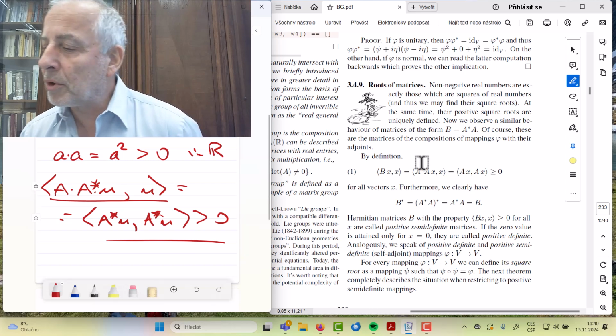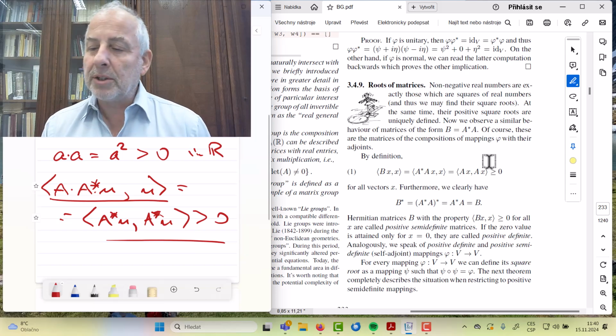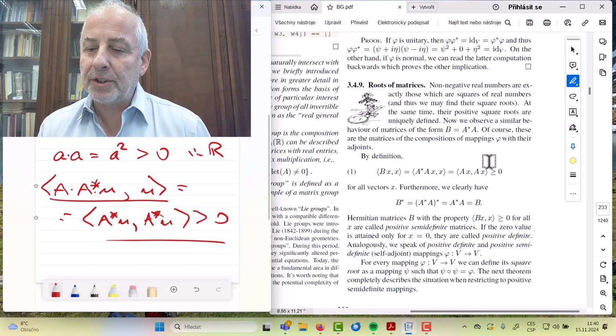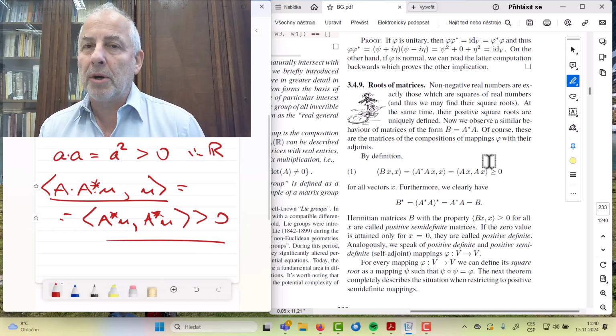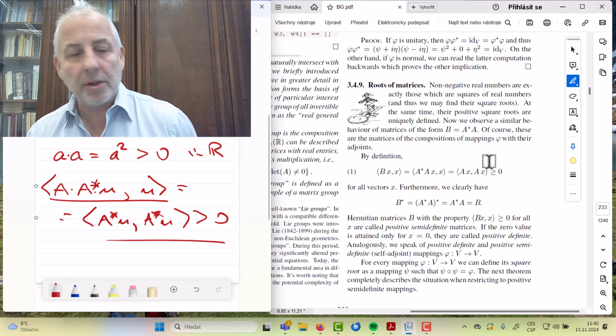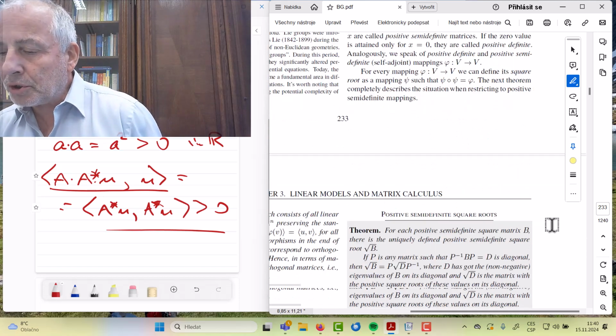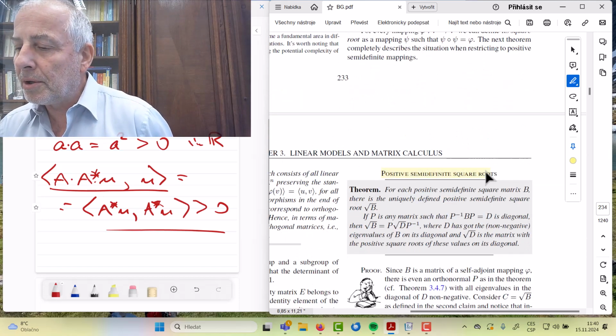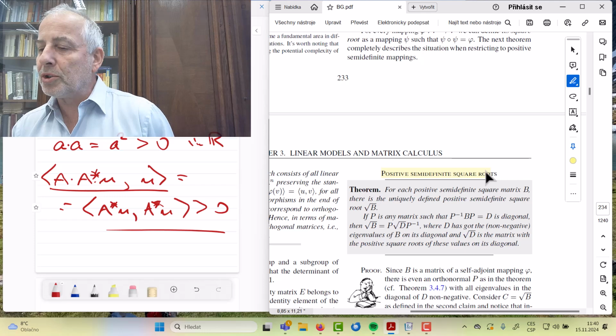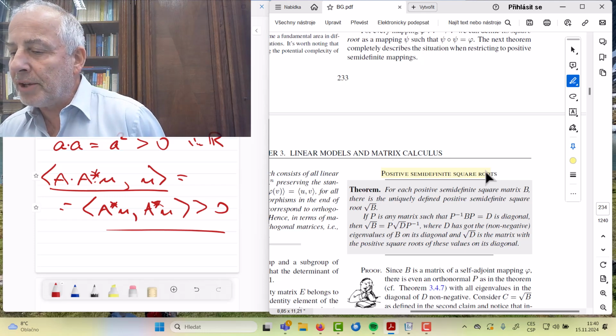So that's roughly what you have here as well. But the punchline of that is that then, of course, we can talk about the square roots, and we can talk about the square roots very easily. So that's the square roots for the positive semi-definite matrices.